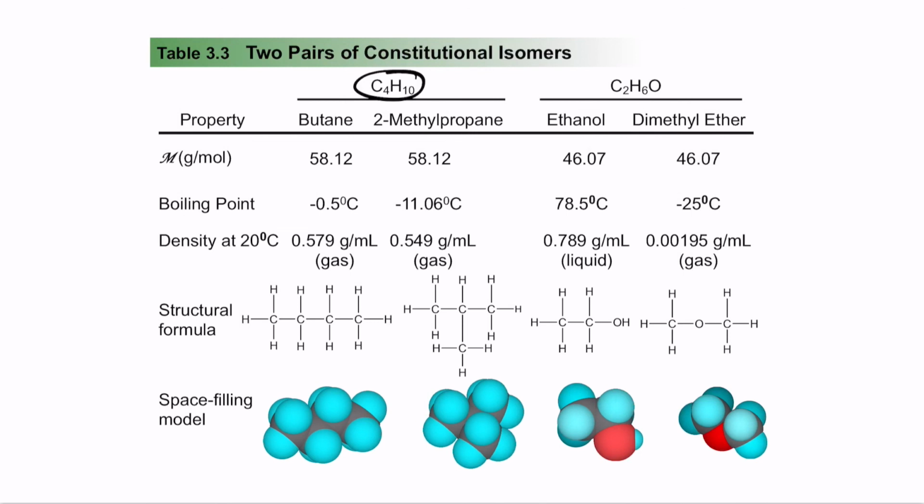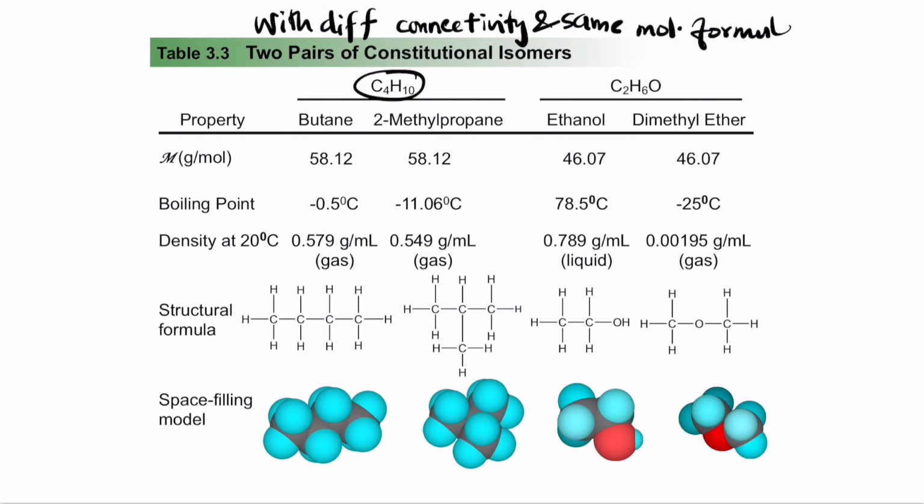So molecules with different connectivity and the same molecular formula are called constitutional isomers. Remember the name, you're going to hear it again and again in organic chemistry. Whenever you see the term constitutional isomers, these are molecules with the same molecular formula, but the atoms are arranged in a different order.